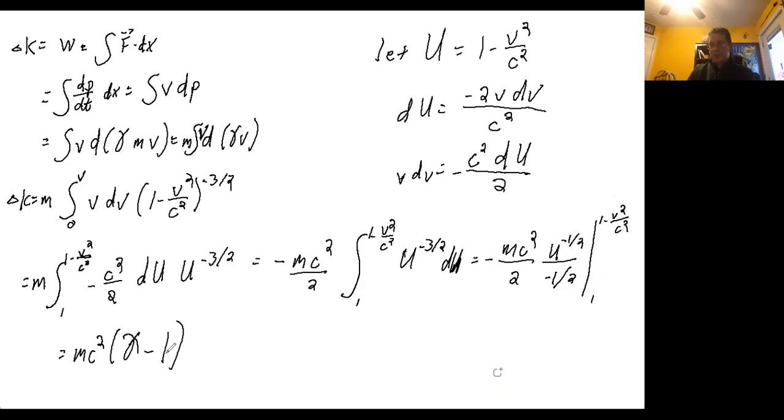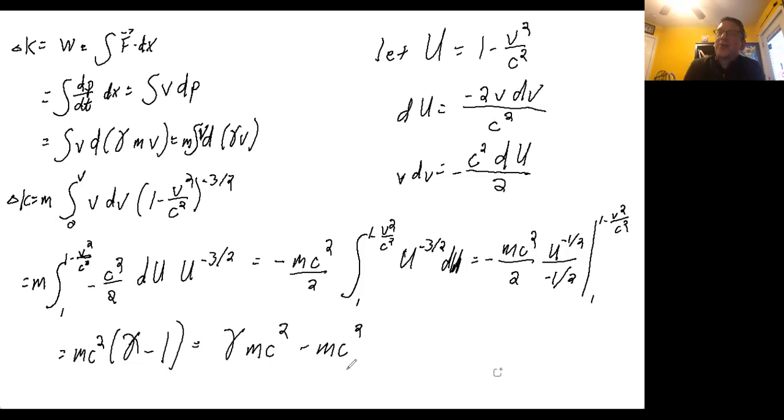So the kinetic energy then becomes gamma MC squared minus MC squared. So you still have that mc squared term coming in.